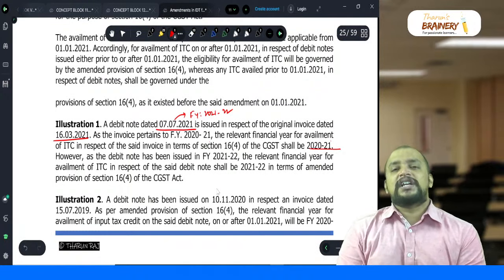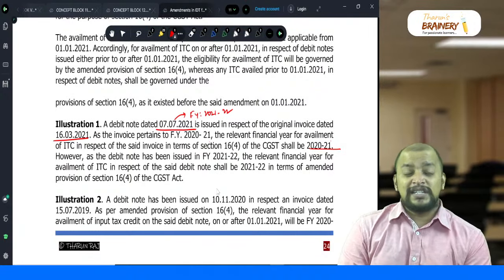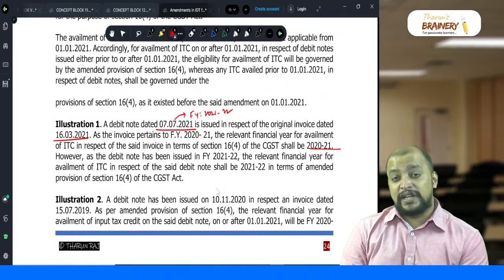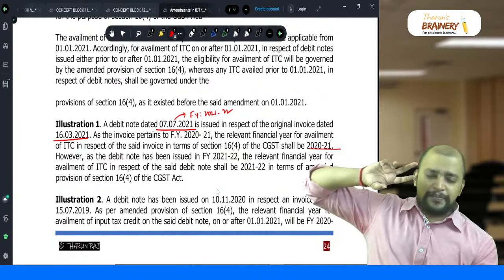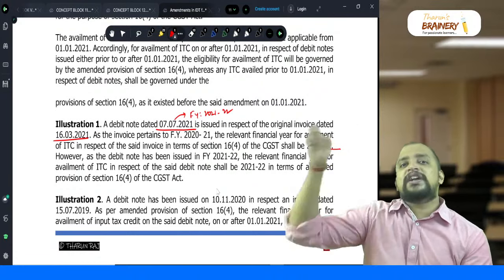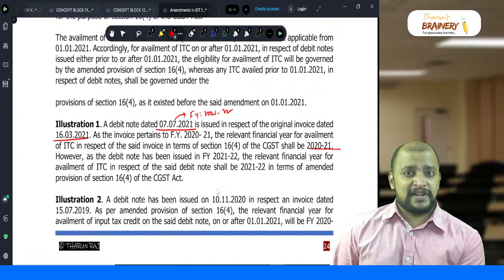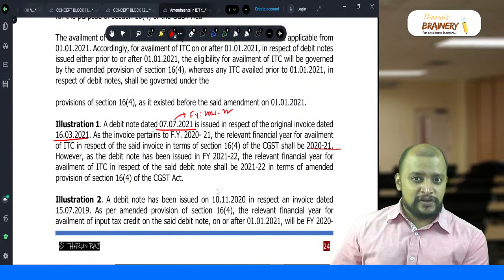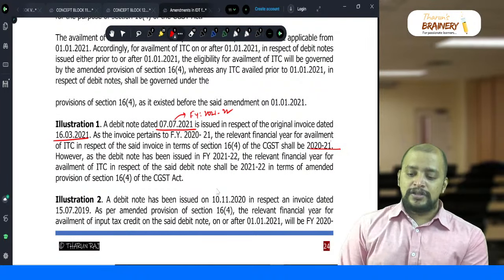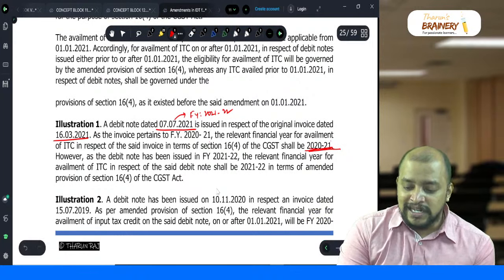But for any invoice of 2021, what is the time limit for availing ITC of that 2021? That is 20th October of the succeeding financial year: the due date of furnishing GSTR 3B of the succeeding financial year or the date of filing annual return, whichever is earlier. So therefore, we need to take 2021.